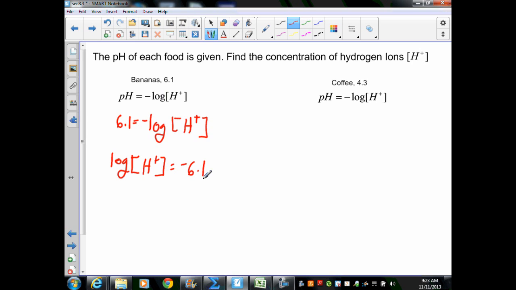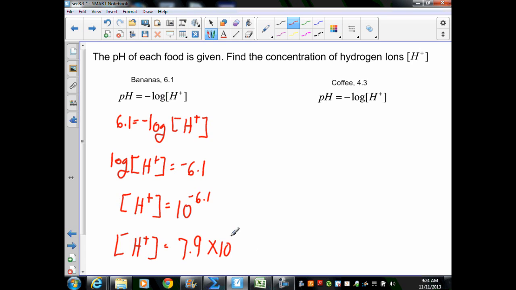Now write that as an exponential form, which gives me H+ equal to 10 to the -6.1. Now we're going to plug this into a calculator, and I'm going to get H+ is equal to 7.9 times 10 to the -7.